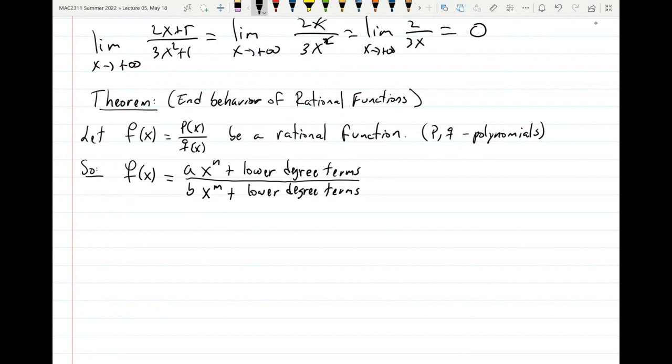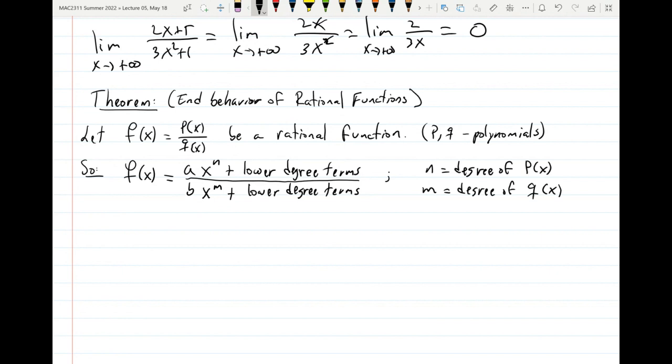So let me say here n is the degree of the polynomial p, and m is the degree of the polynomial q. Okay?